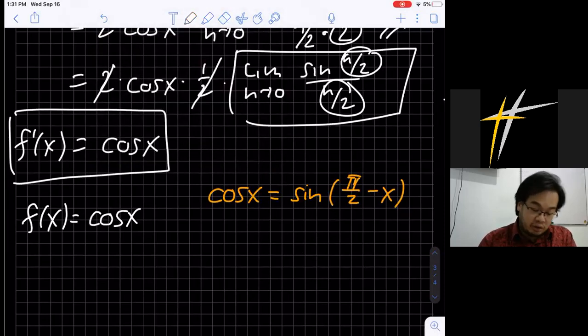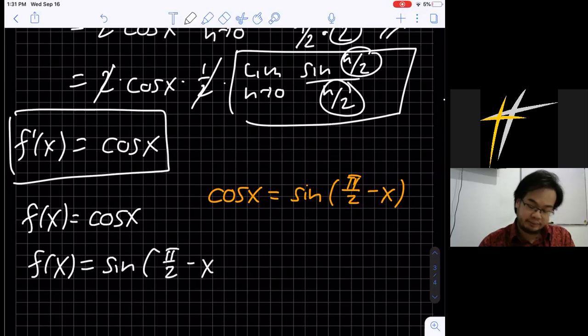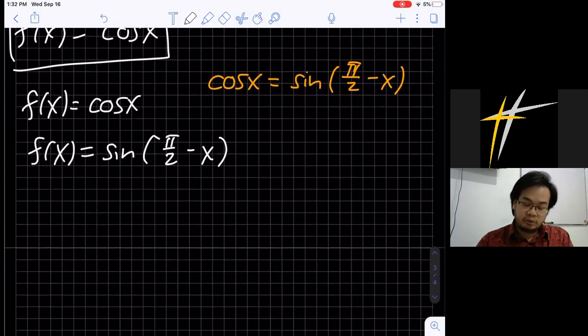So in this case, f(x) is equal to sine of (pi over 2 minus x), right? And then we know that the derivative of sine x is equal to cosine x, right?